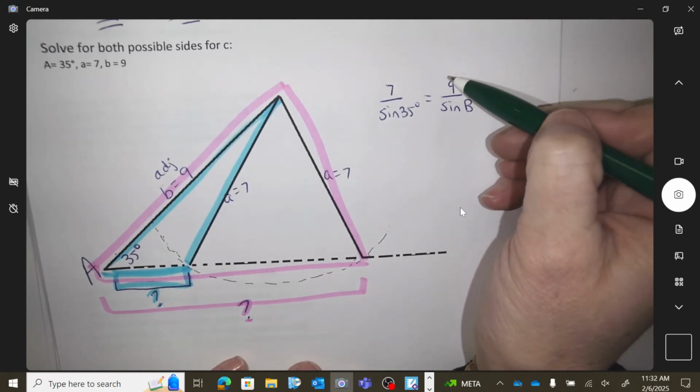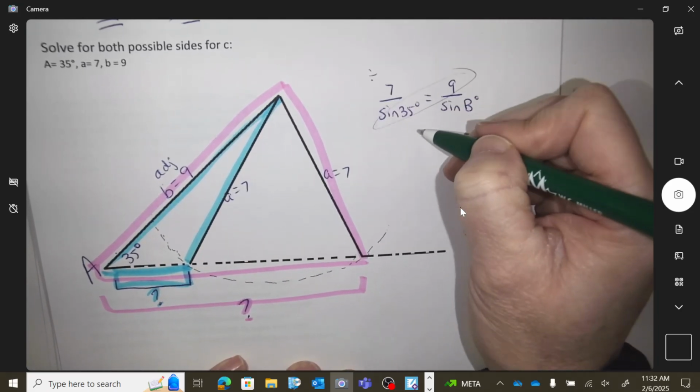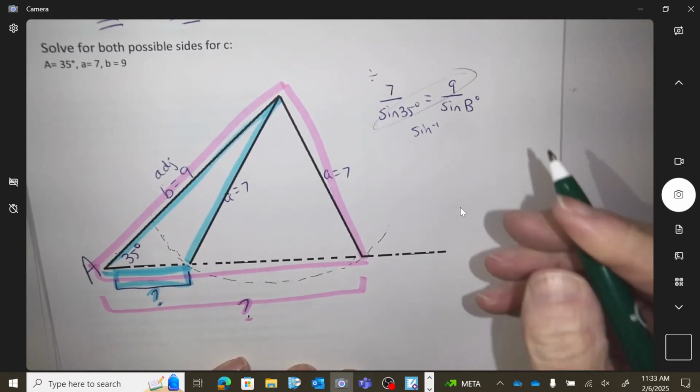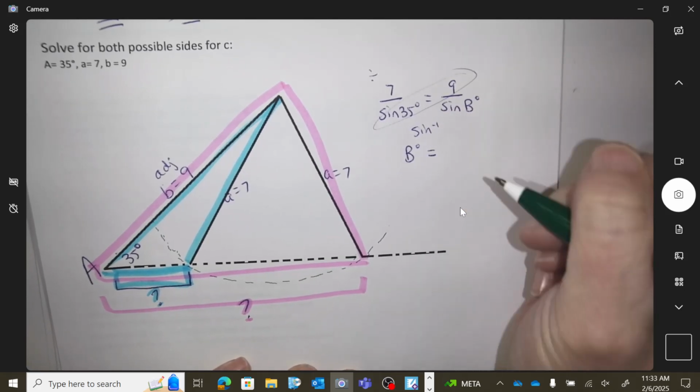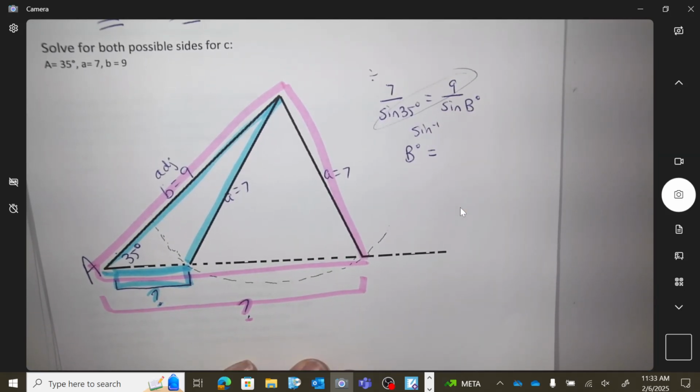Okay, we know what we're doing. We're going times, divide, inverse. Times, divide, inverse. Go to 1 decimal place.